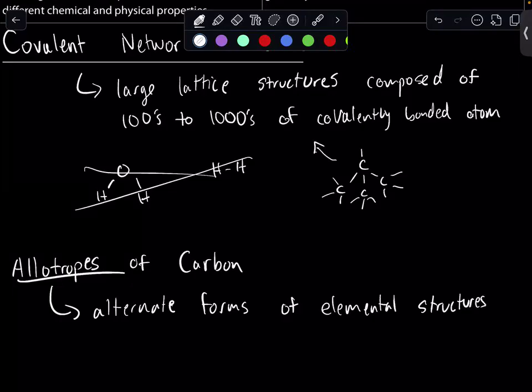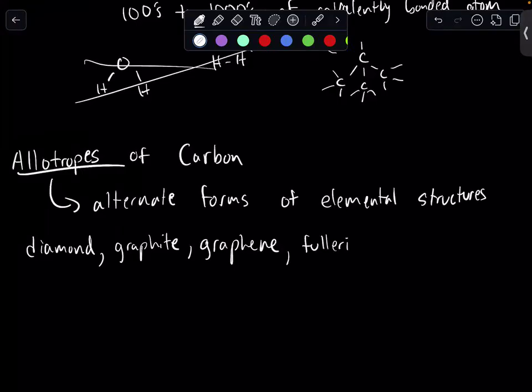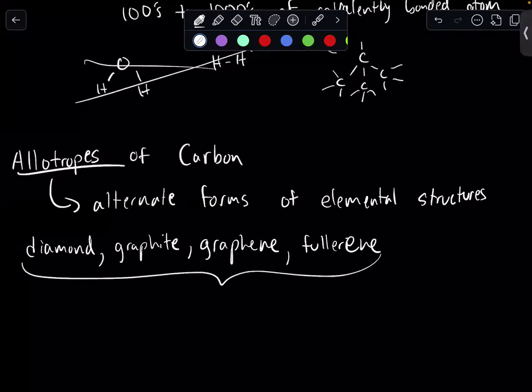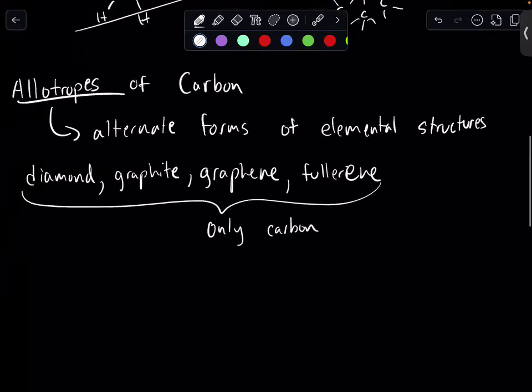So, for instance, the most common ones and the ones we're going to be going over are diamond, graphite, graphene, and fullerene. So all of these are just carbon. They're all made of carbon and only carbon, but they all act quite differently physically and chemically, and they will be useful for different applications, which we'll discuss as well. And it's all based on the structures and how they bond.